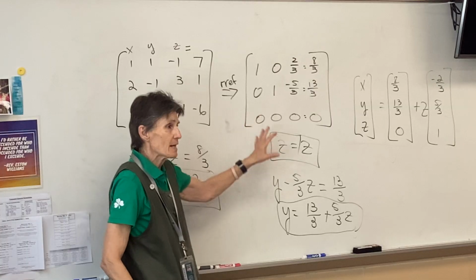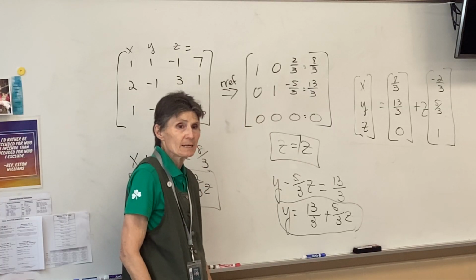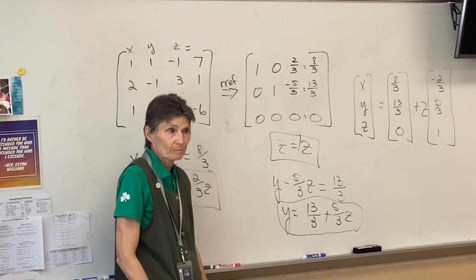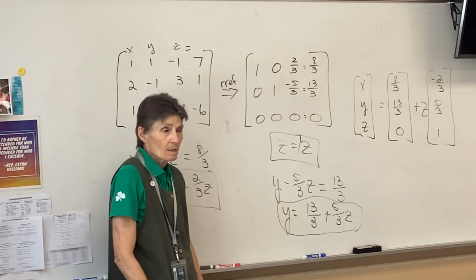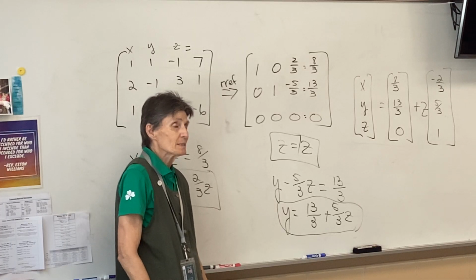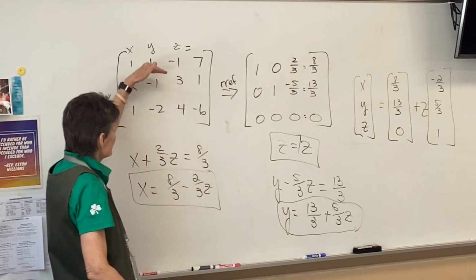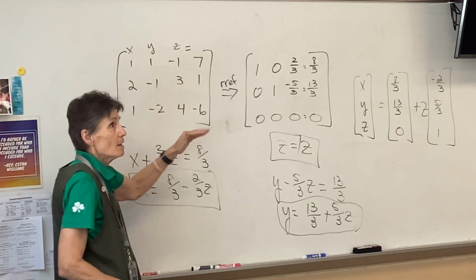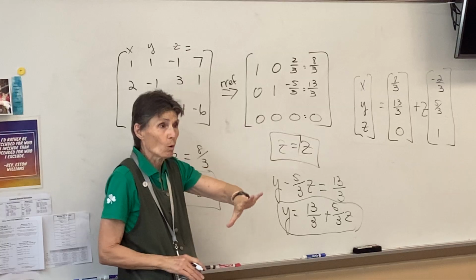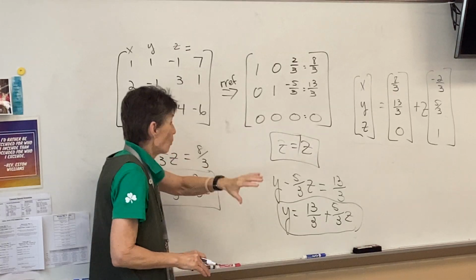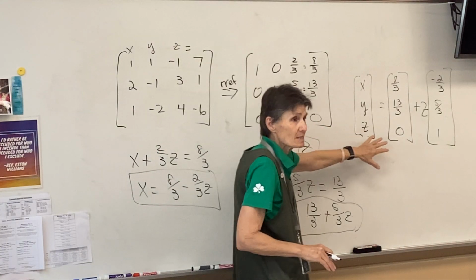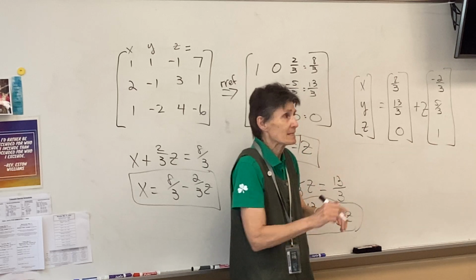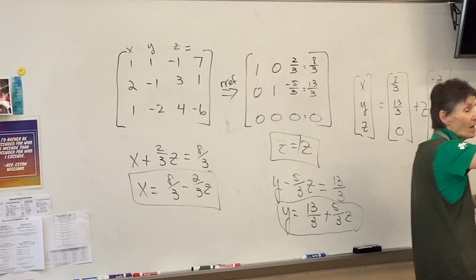That represents infinitely many answers. We haven't really talked about this, but these equations that you started with are planes. They're like the ceiling and the floor. When you get an answer like this, it means they have come together in a line.